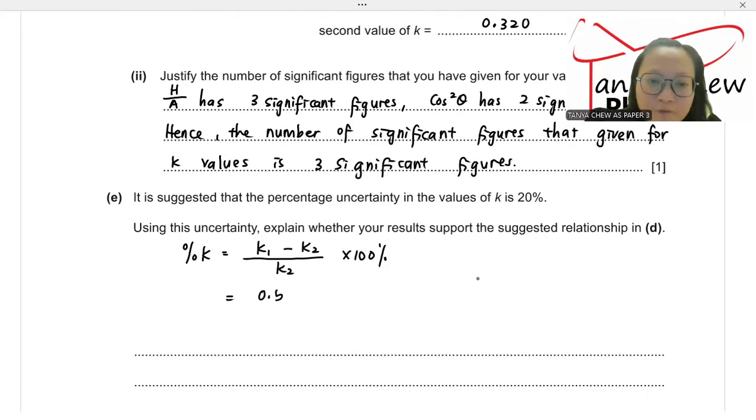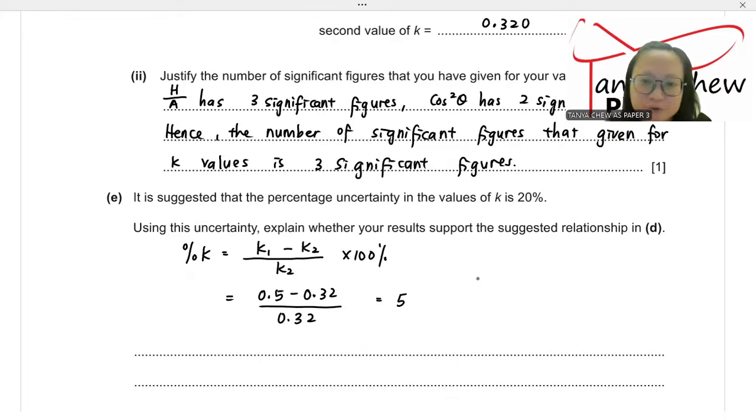So 0.5 minus 0.32 divided by 0.32 times 100%, and I got 56%, two significant figures.